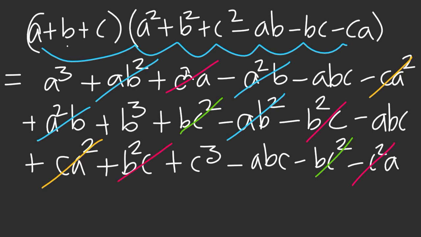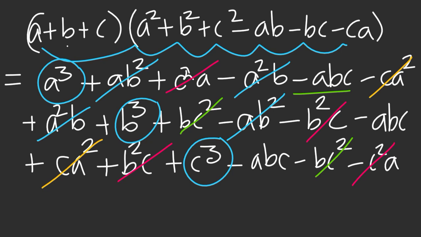So almost all of them are gone. We are left with only a cube, b cube, c cube, and we are also left with minus abc here, minus abc here, and minus abc here. So 3 abc.